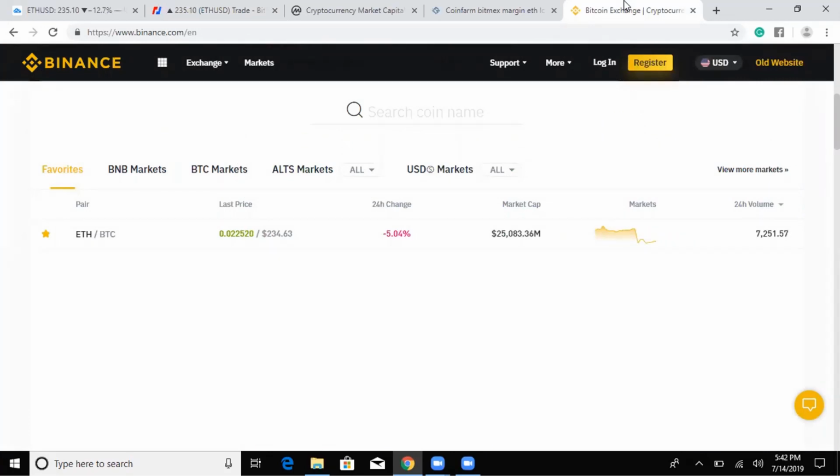So I look at the 24-hour volume of Binance, and then I look at the 24-hour volume of ETH/BTC. And in order for the price to go up, you need the volume to go up.